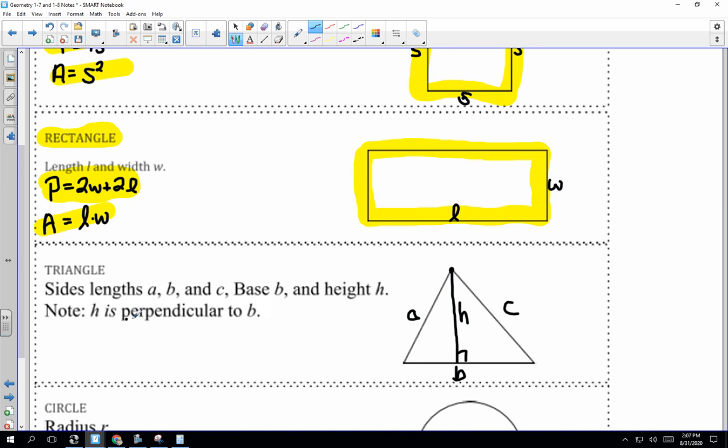So perpendicular means the same thing as right angle. So if you're perpendicular, you're making a right angle.